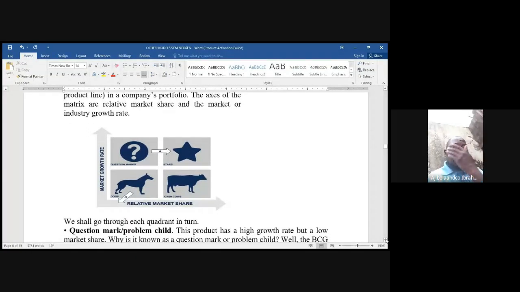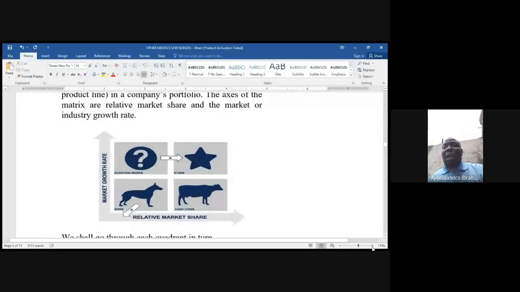Any of them serves. The combination of these, whether high growth rate or low growth, we are still using high and low, gives a combination of four groups of products. We have question mark, we have star, we have cash cow, and you have dog.